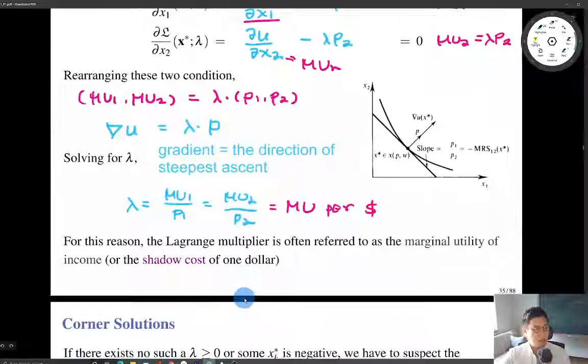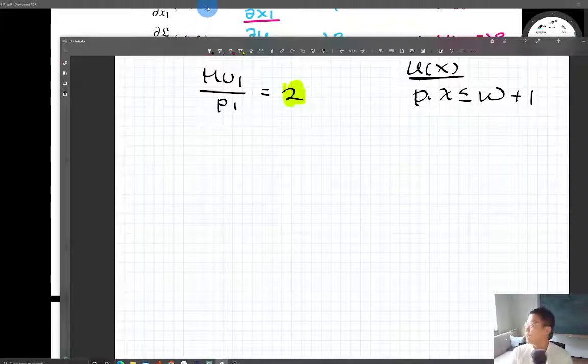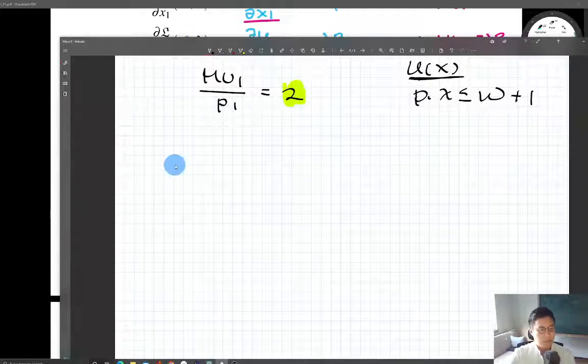There is another way to see this that is also important. If we think about the marginal utility from income, that is the derivative of the highest utility with respect to income.